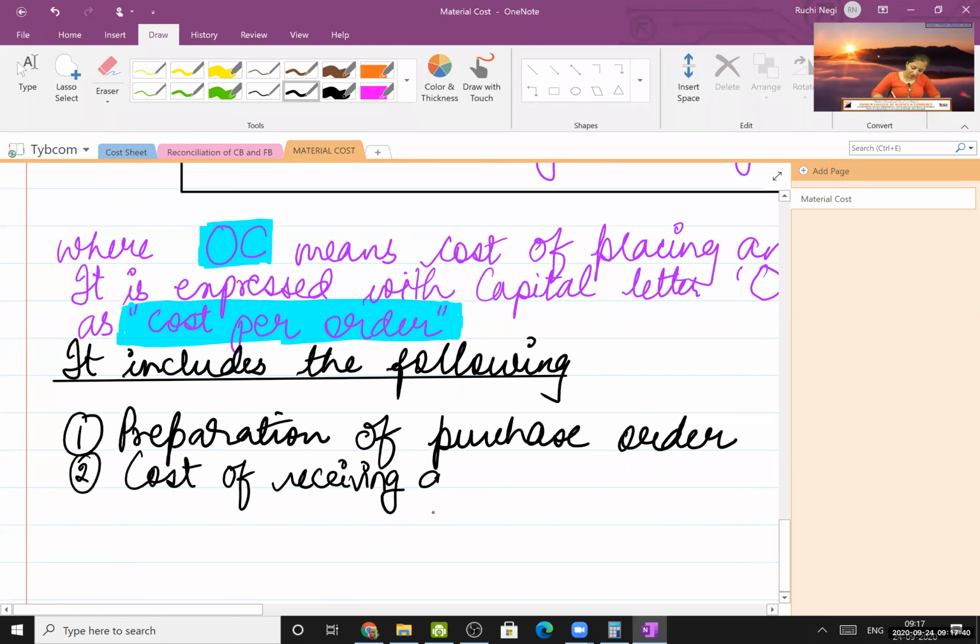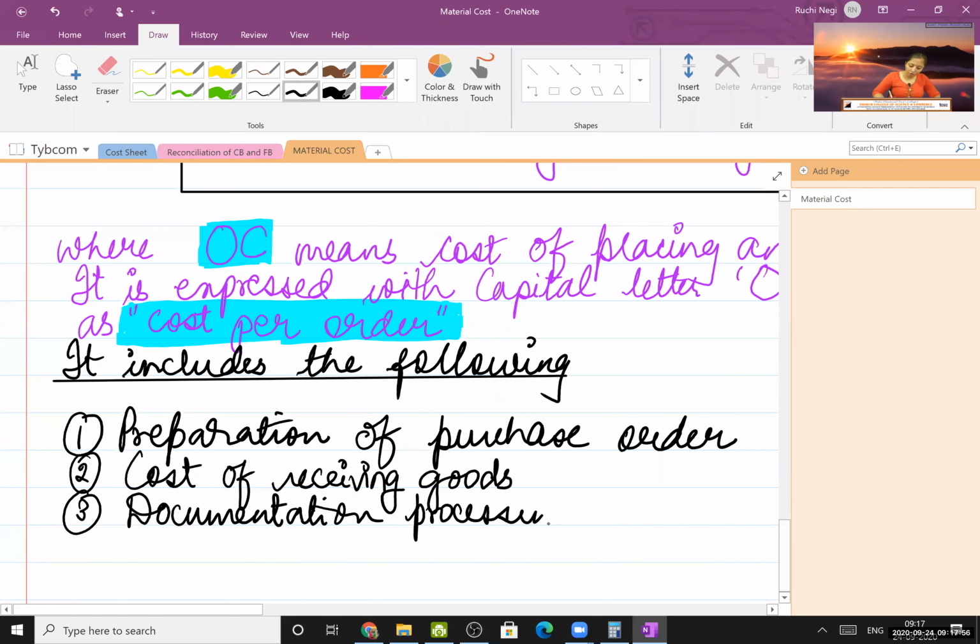Cost of receiving goods, that is your raw material. Then you should know all these words. Documentation, that is paperwork. Documentation, processing cost. When you place an order for raw material, documentations are prepared for recording the incoming and outgoing of raw material. That documentation they are talking about.